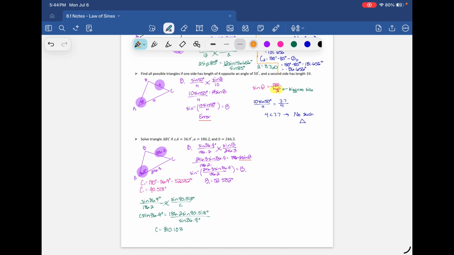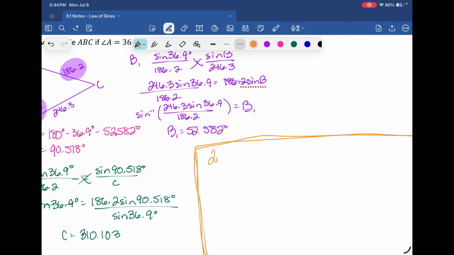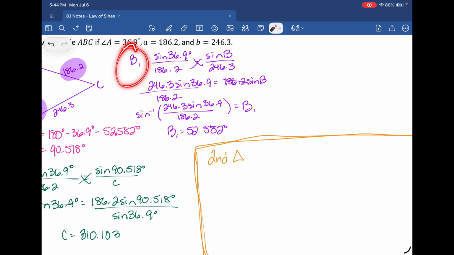All right, now we're gonna draw a box. Anything we do in that box represents our possible second triangle. We started with angle B for the first triangle. We're gonna start with angle B for the second one.